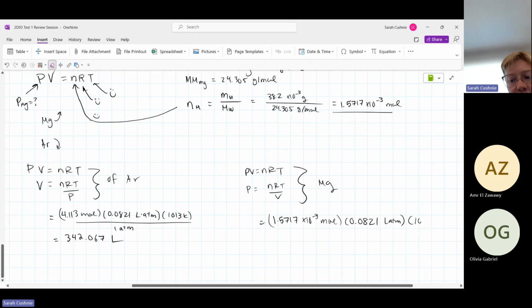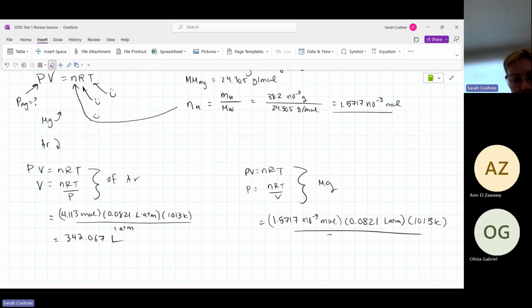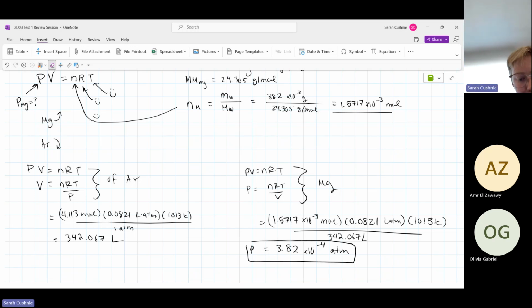And then we know the temperature is still 1013 K. We divide this all by that 342.067 liters. If you do that, you get a value of 3.82 times 10 to the negative 4 atmospheres. And this represents the partial pressure of magnesium. So that's part A. Go us.